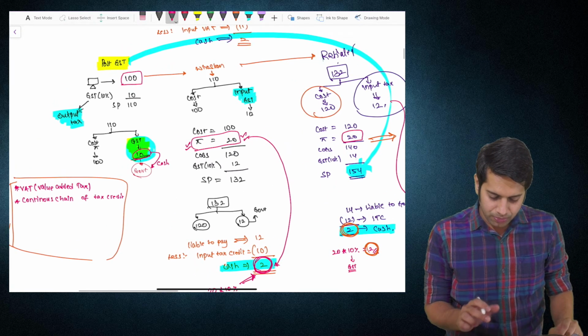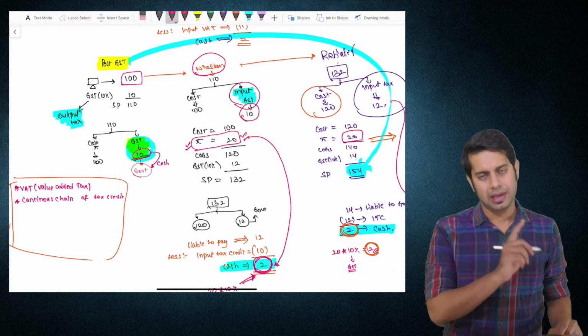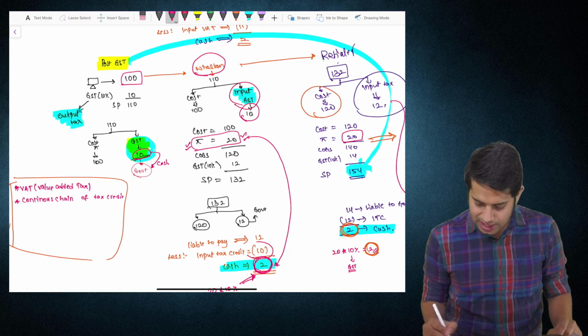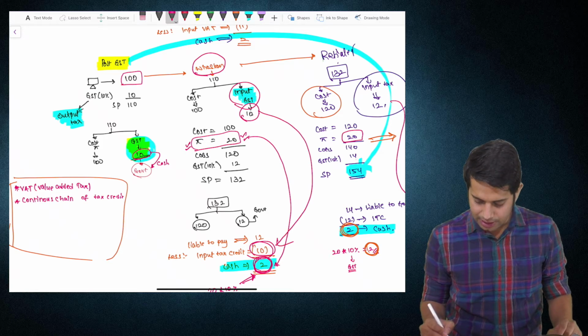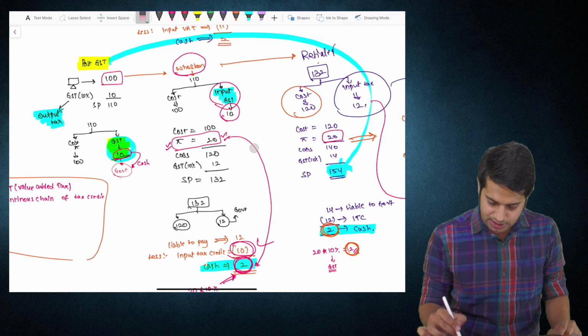Now, the wholesaler had paid rupees 10 to the manufacturer.